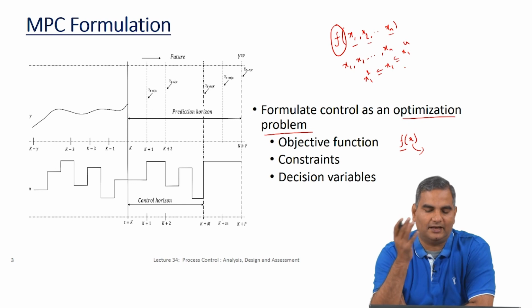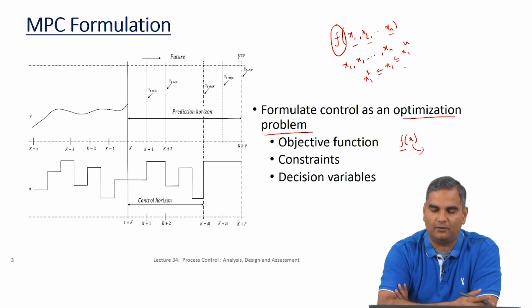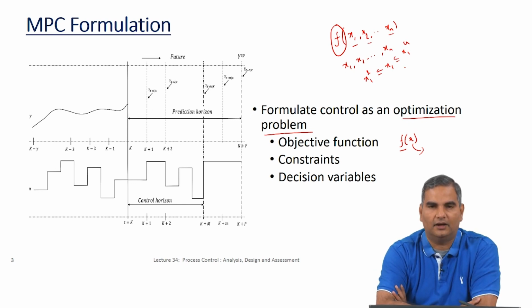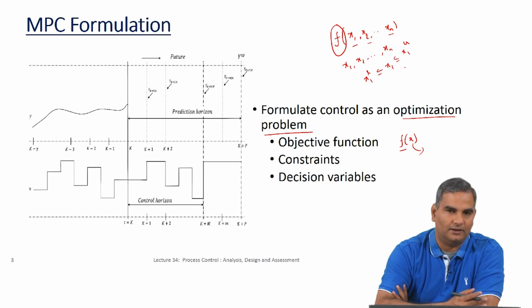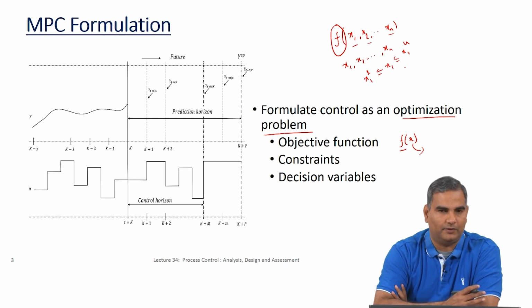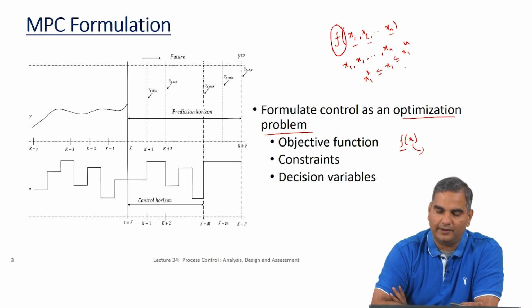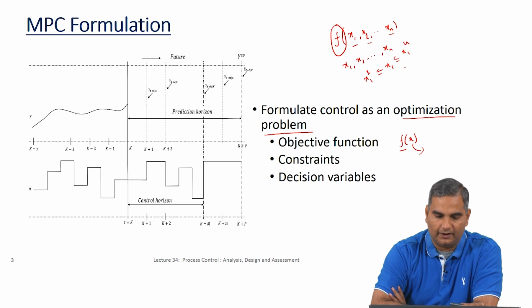Now, there are several types of optimization problems depending on what type of constraints you have, what type of variables you have, what type of functions you have, and so on, and we are not going to talk about all of those here. We are going to keep it very simple, very focused towards the type of optimization problems that we need to solve for model predictive control related problems.